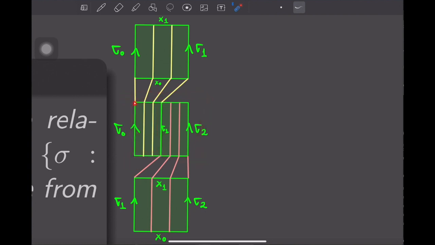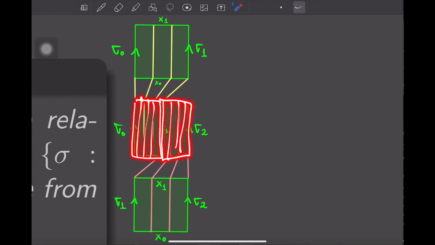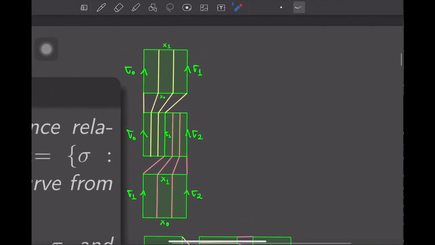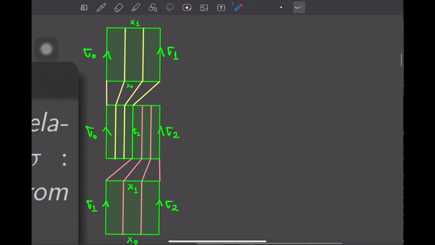I'm defining it by defining its restrictions to these two closed subsets, and since on the intersection these two actually coincide, that's how I know I should be getting really a continuous function on the whole square.